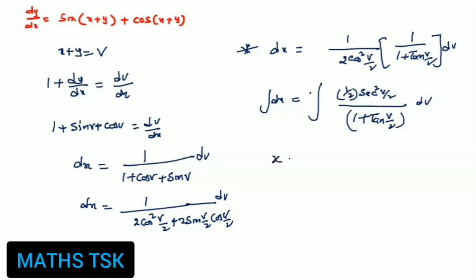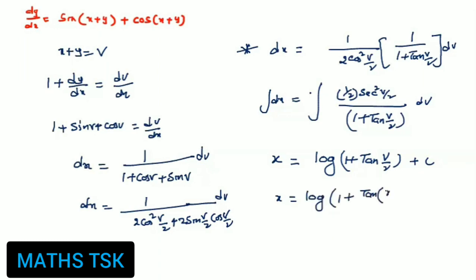Therefore, integration is log of f dash of x by f of x, log of f of x. There is log of 1 plus tan v by 2 plus c, where v is equal to x plus y. So I can write it as x is equal to log of 1 plus tan of x plus y by 2, plus c.